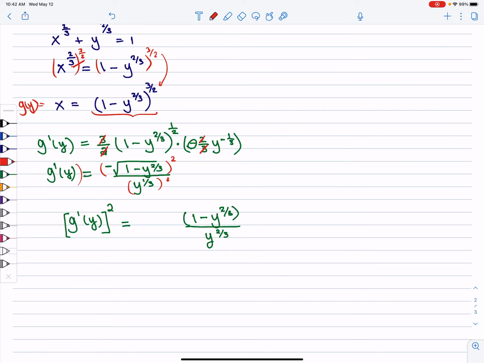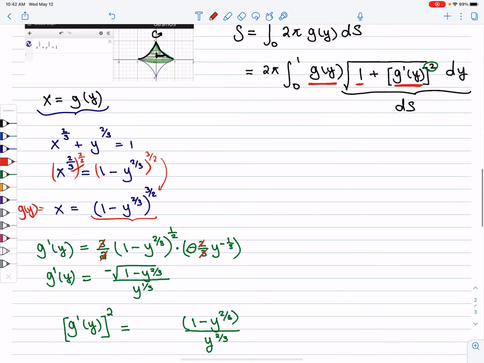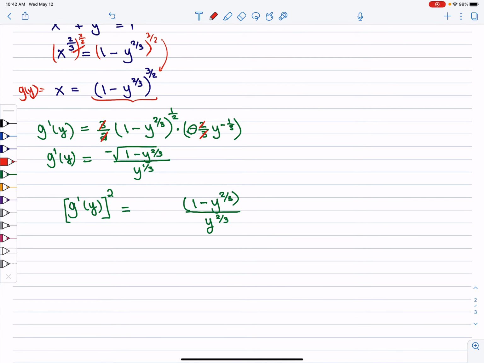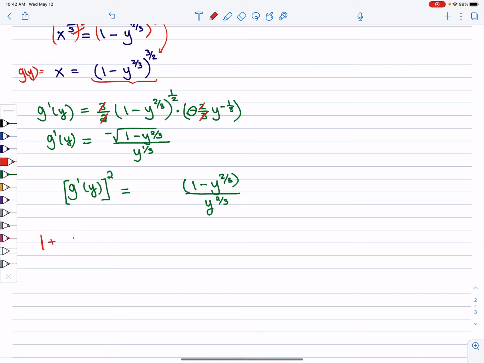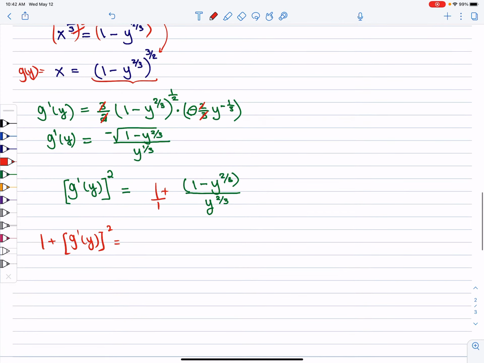All right, so after we square, the formula is asking us to add a 1. So if we say 1 plus g prime of y squared, then all we're doing is adding 1, right? But when you're adding 1, you know you have to get the LCD. So this is going to be equal to y to the 2/3 plus 1 minus y to the 2/3, over y to the 2/3.